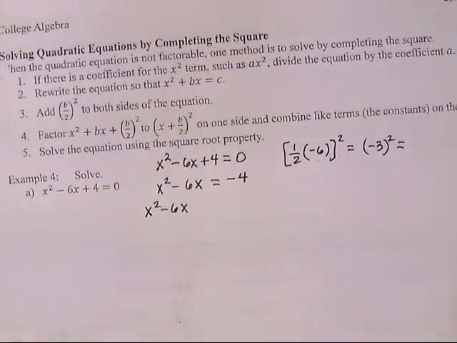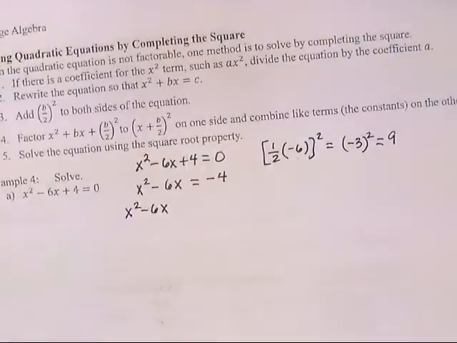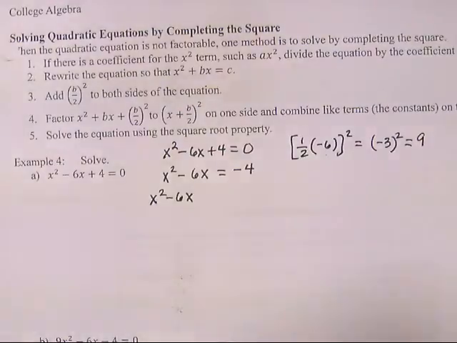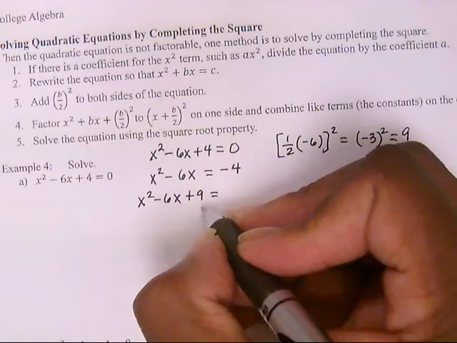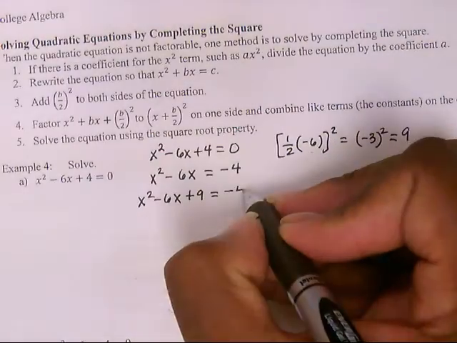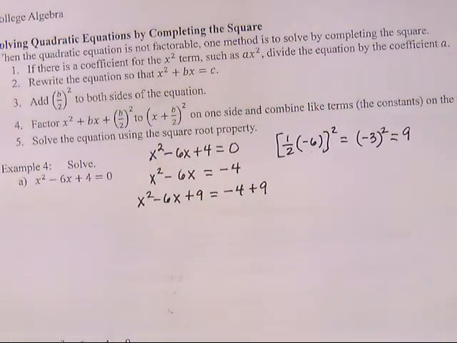And then you have to square negative 3. Negative 3 times negative 3 would be 9. So that 9 is what's going to be added to the left side of this equation. And if I'm going to add 9 to the left side of this equation, where that negative 4 is, I also have to add 9. Again, what I do on one side of the equation, I must do on the other side.